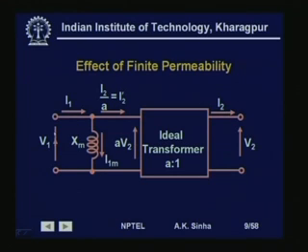Here we have V 1 as the voltage, I 1 as the current. A part of the current is going through this, so this current is somewhat less. This current is I 2 dash, where I 2 is the current here, which is equal to I 2 by A, plus I 1 m, which is the current flowing in this inductance to take care of the finite permeability. If we add these two phasors, then we will get the phasor current here.